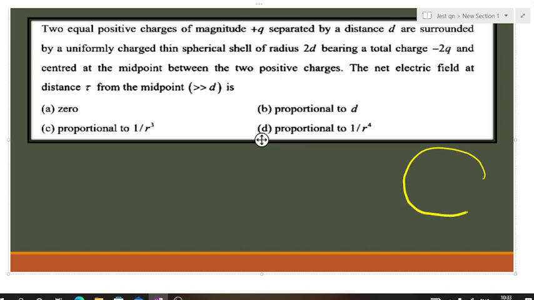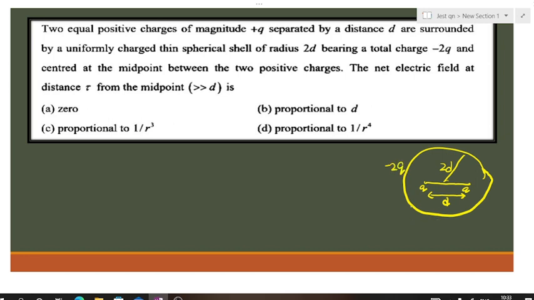This is our spherical shell, whose radius is 2d, and two plus q charges are situated like this at a distance d, and this spherical shell bears the charge minus 2q.